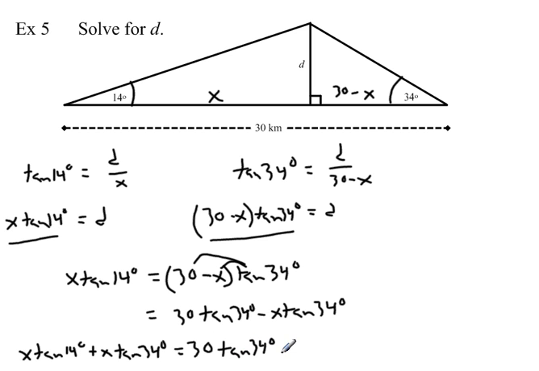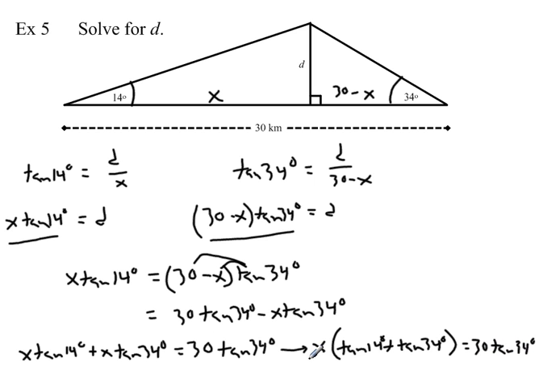All right, what I want to do is pull an X out of both these terms. Let's write this over here. So that gives me X times the tangent of 14 degrees plus the tangent of 34 degrees equals 30 times the tangent of 34 degrees.